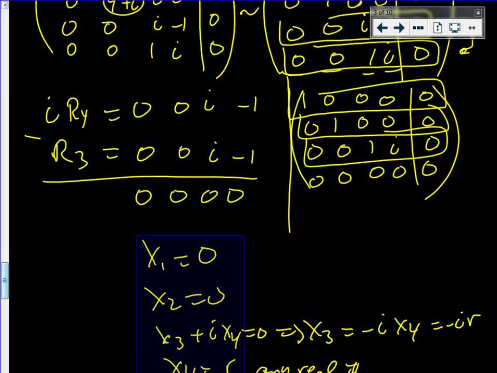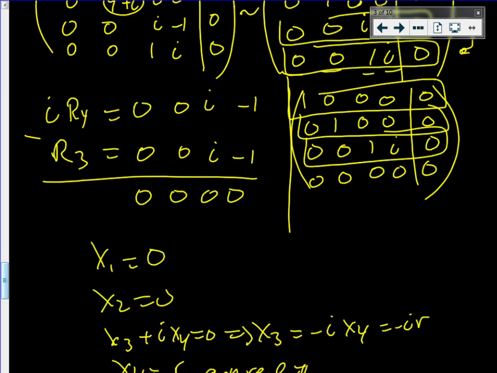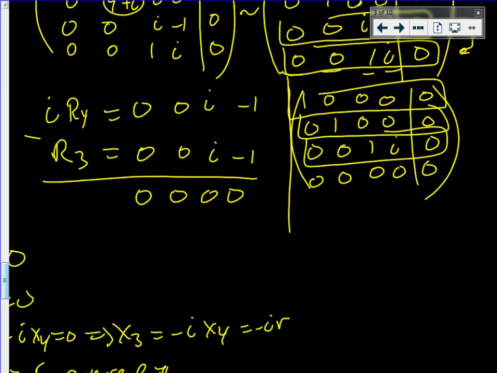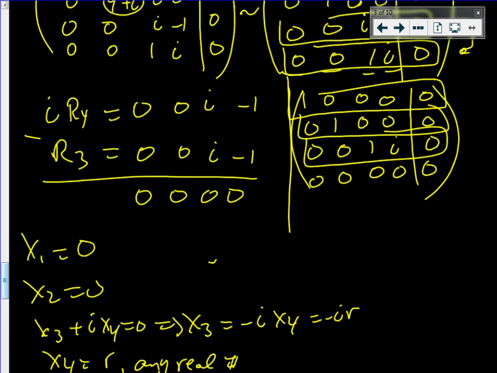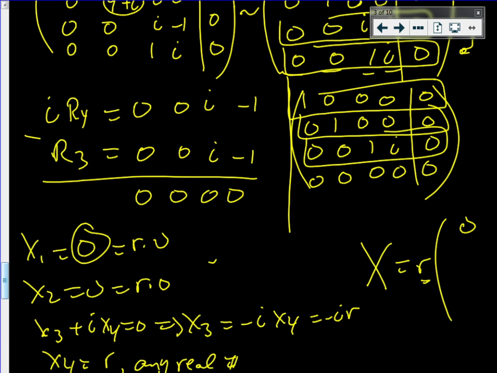Okay. So now, big X is equal to r times something. Well, x1 is 0. I mean, this is r times 0. I factored out the r, put the 0 in. This is negative i times r, but I factored out the r.